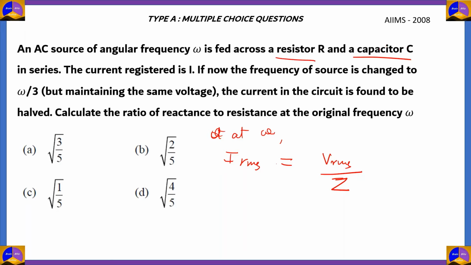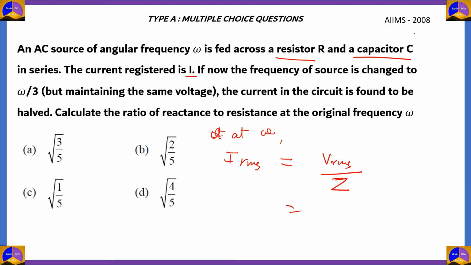So the reactance from the capacitor and the resistance from the resistor both combine together to form a value known as impedance, which resists the flow of current. Now, the current registered is I for this case. Let's find out the value of Z, which is known as impedance.